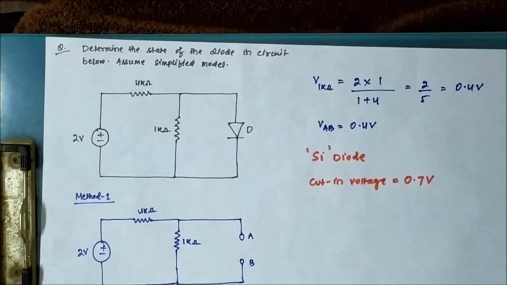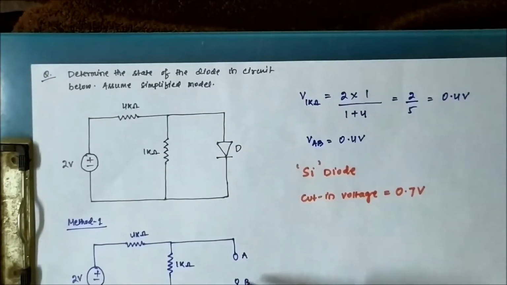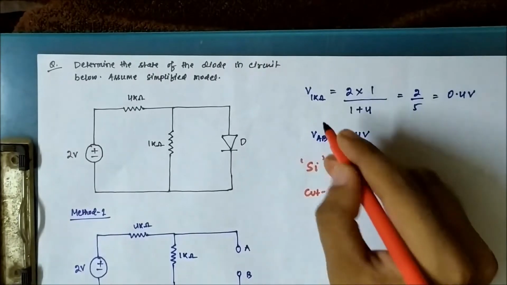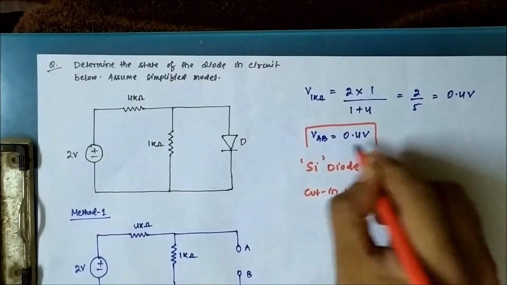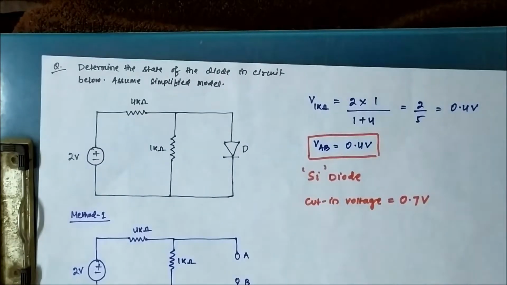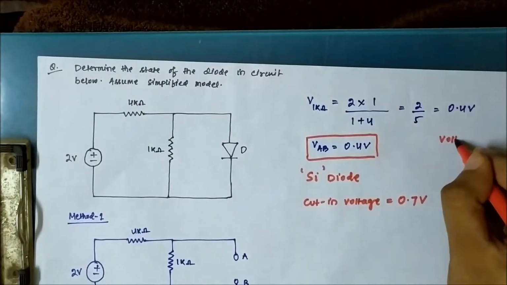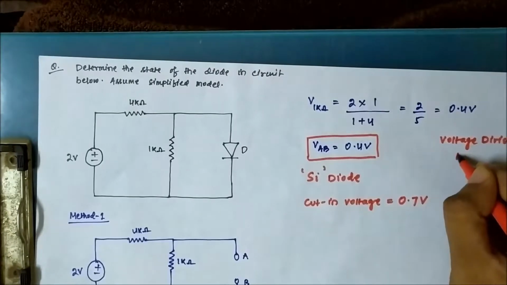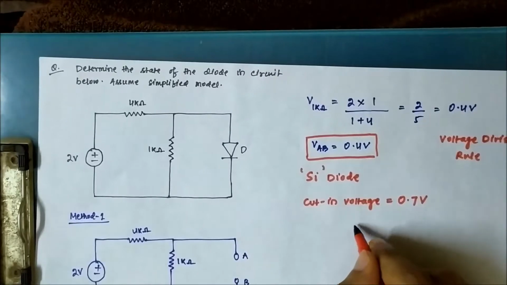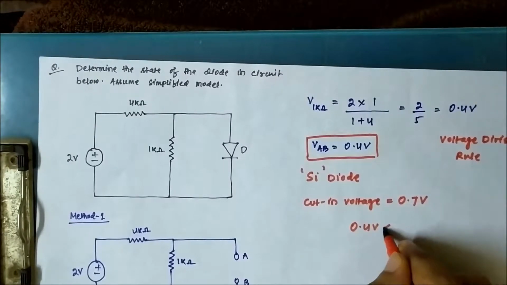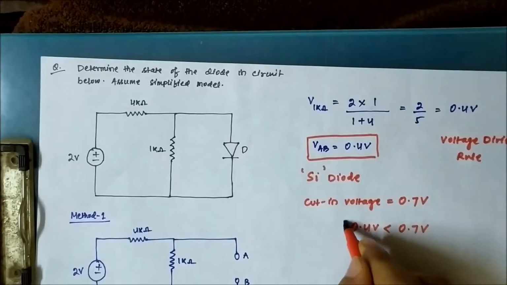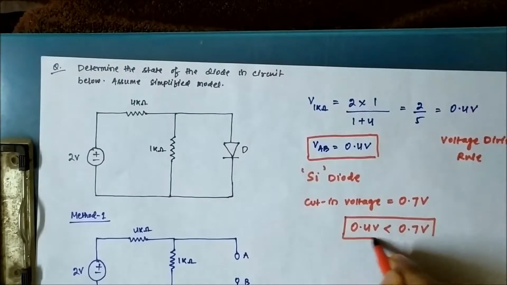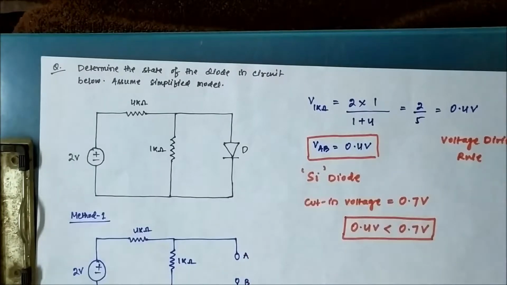So you have to go by the assumption that it is a silicon diode and it has a cut-in voltage of 0.7 volt. Now the voltage across the two terminals A and B is 0.4 volt, which we calculated by the voltage division rule. This 0.4 volt is obviously lesser than 0.7 volt, so this is not sufficient to turn this diode on. It is lesser than the cut-in voltage.